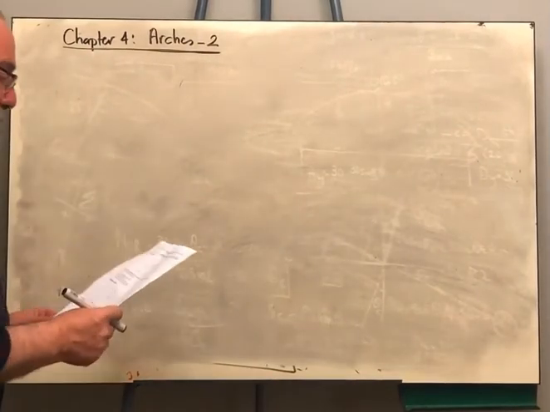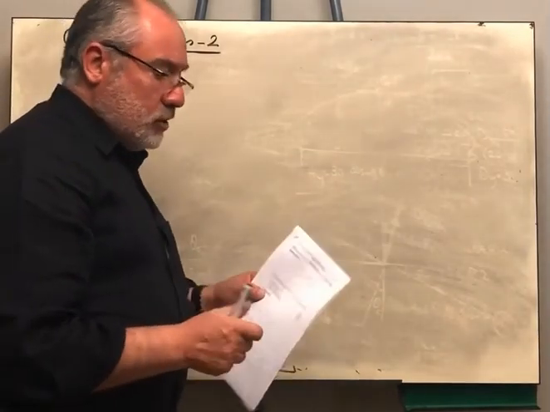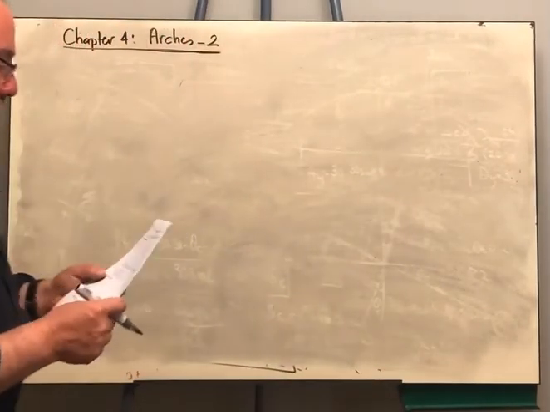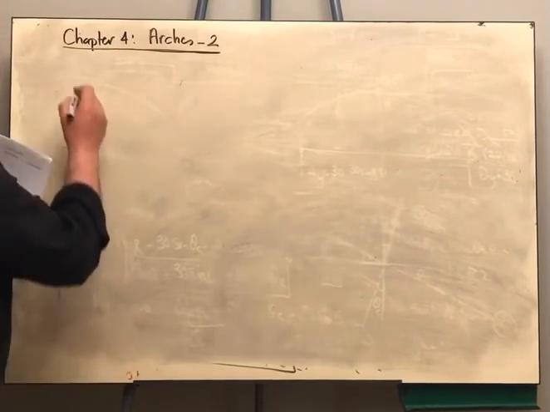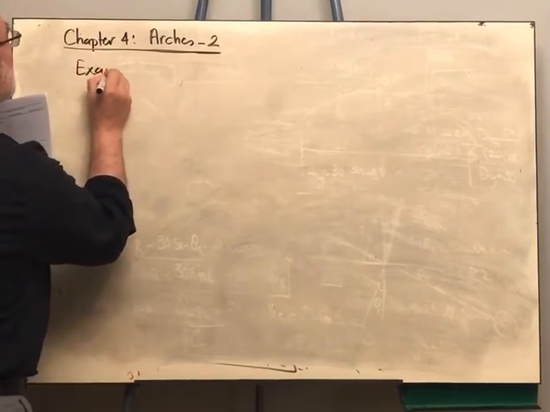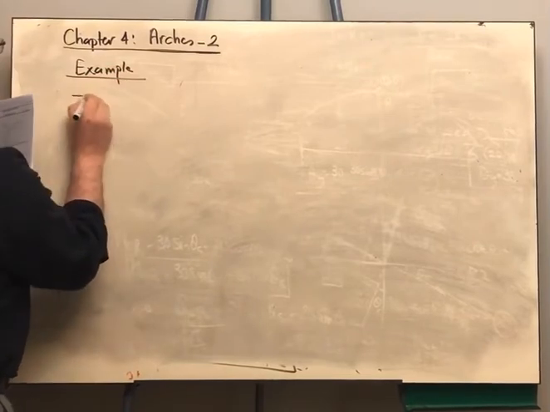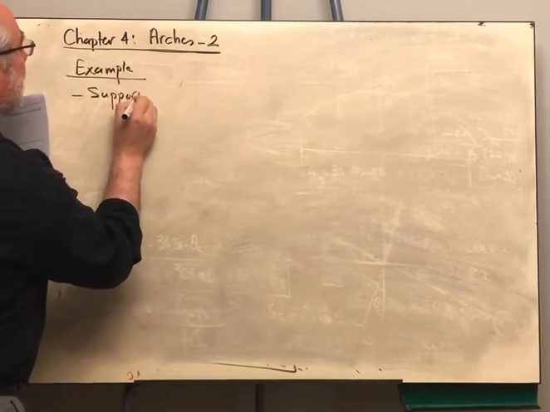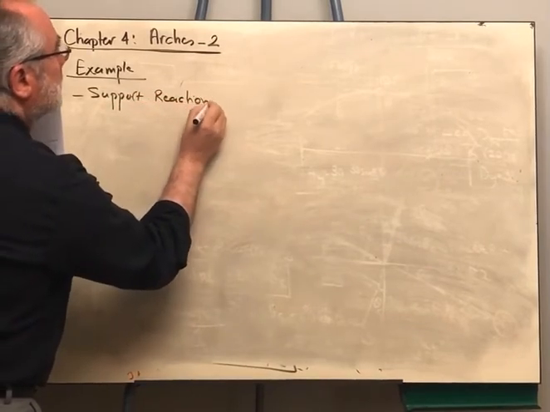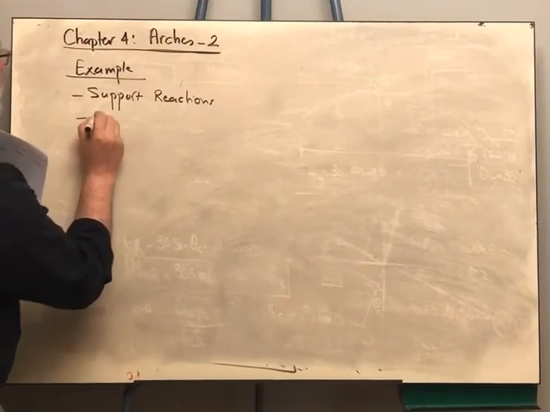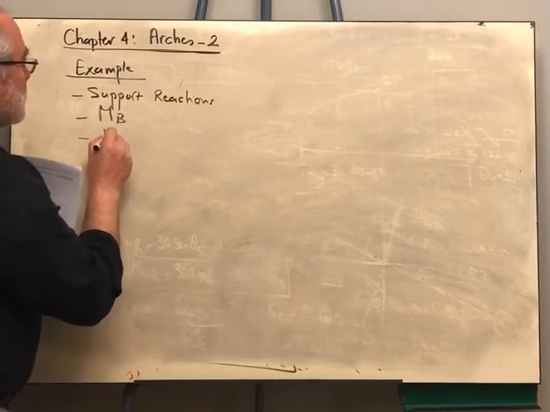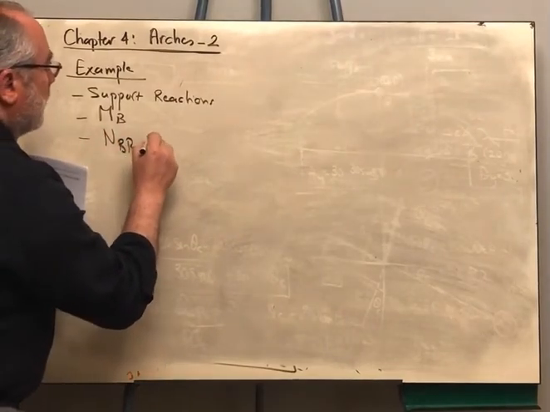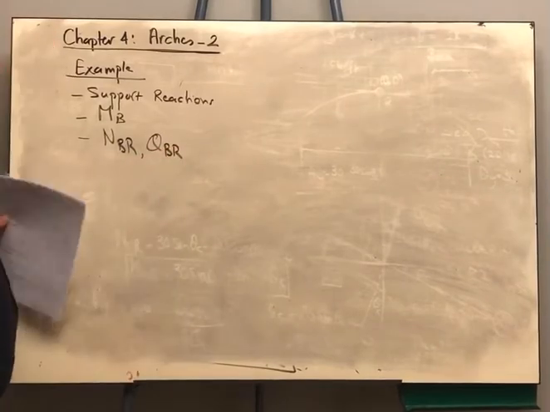As usual, I will be picking a problem from a previous midterm exam. In this exam, it will be required to determine, for example, again, the support reactions and the moment at point B, the normal force at point B right, and the shear force at point B right.